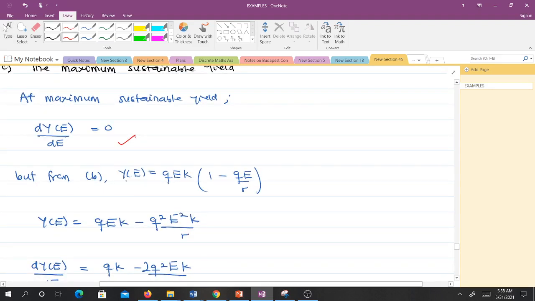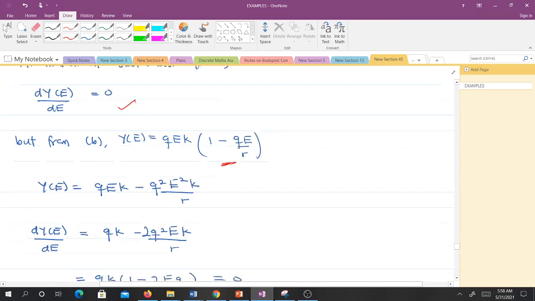From B, Y of E is equal to Q times E times K all times this. So when we multiply through by the Q times E times K, we'll get QEK minus Q squared E squared K over r.